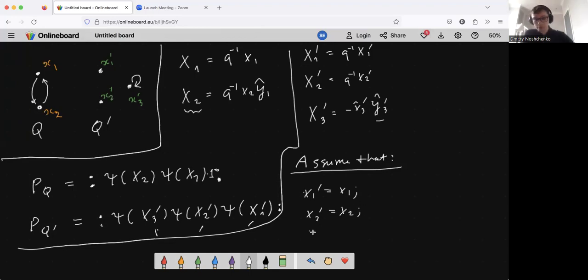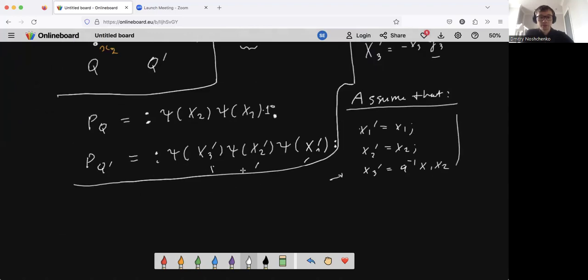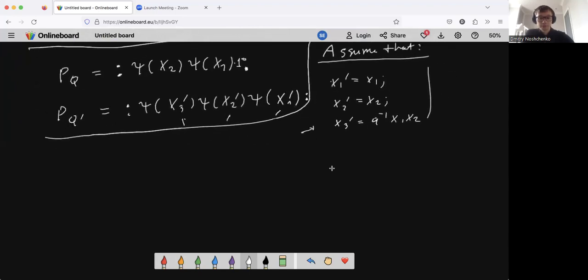But then we have x3 prime, which must be identified with q inverse x1 times x2. And so the main statement is, given these assumptions, we have the following identity, which is analogous to the quantum pentagon identity for the logarithm.